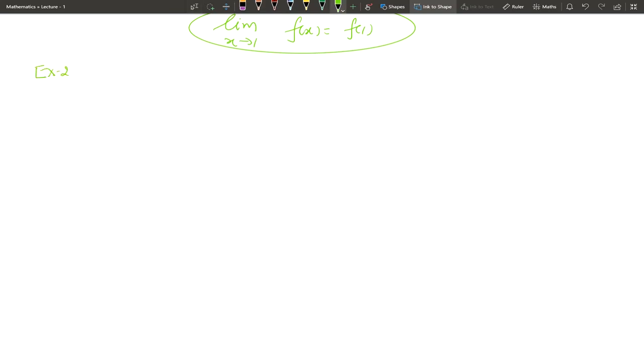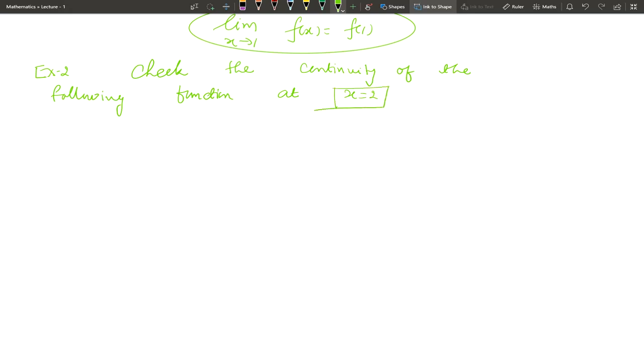Example 2. Check the continuity of the following function at x equal to 2.